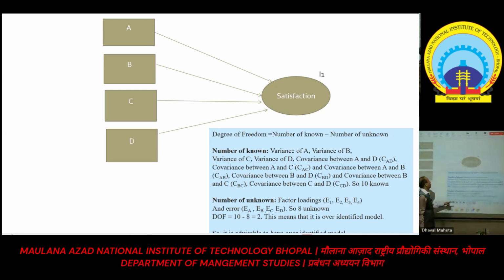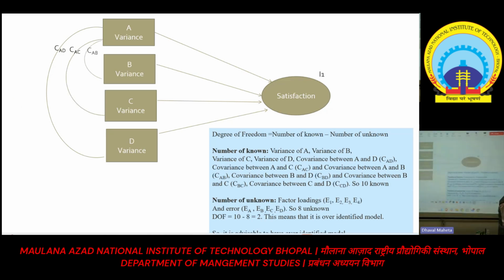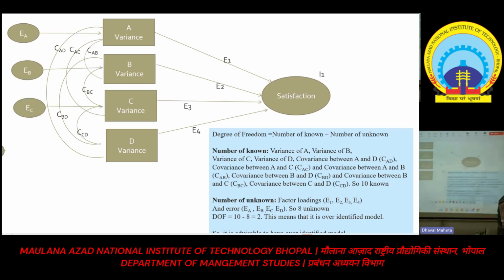How? Variance of A, B, C, D is 4. Covariance of AD, covariance of AC, covariance of AB, then BD, BC, then CD. Unknowns: E1, E2, E3, E4, error terms. 10 knowns and 8 unknowns, an over-identified model.